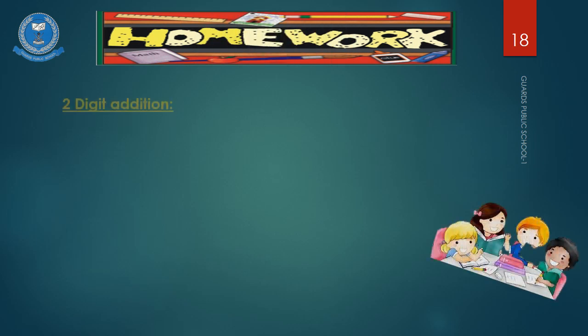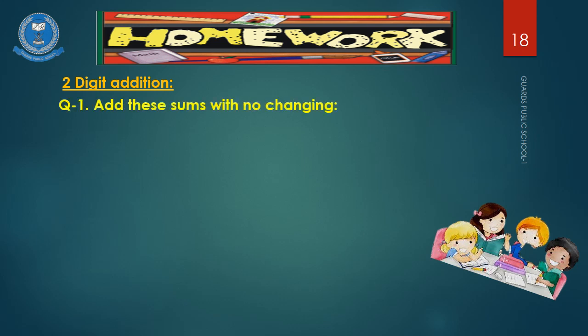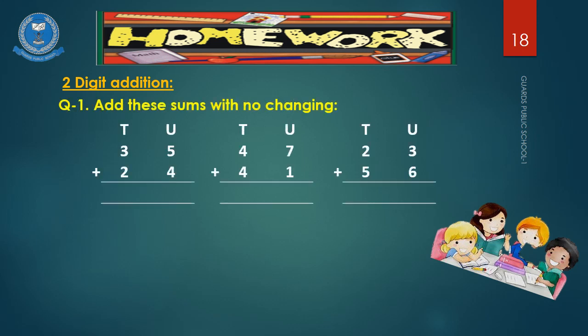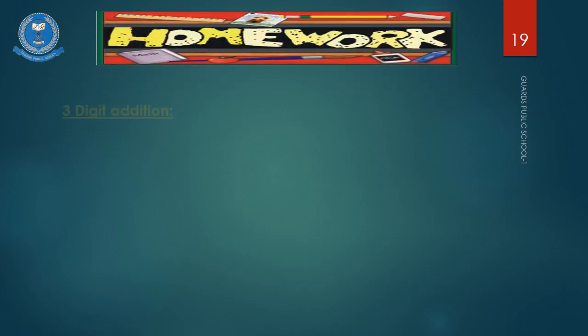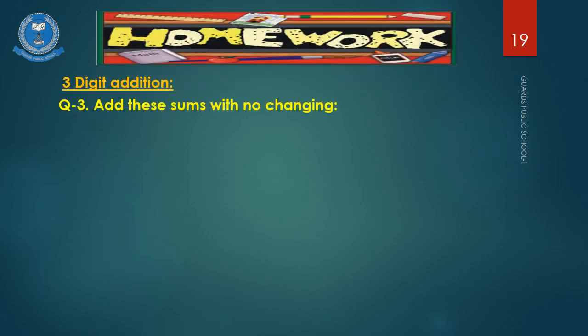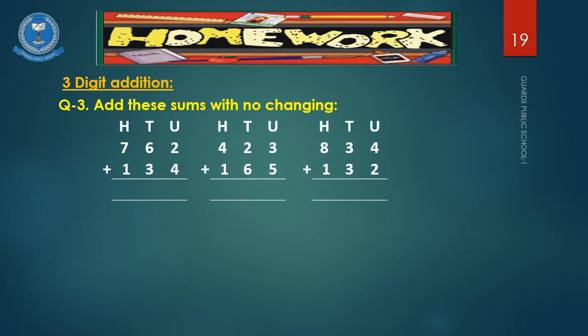Okay, let's start. In question number 1, you have to solve these two-digit sums with no changing. In question number 2, you will have to solve these two-digit sums by putting carry. In question number 3, you will have to solve these three-digit sums with no changing.